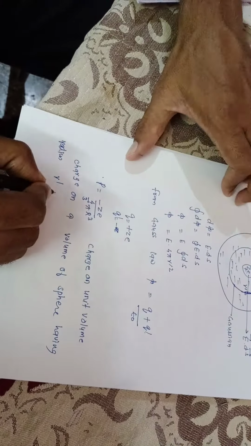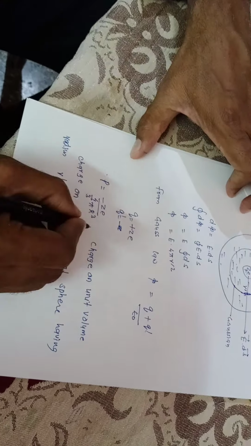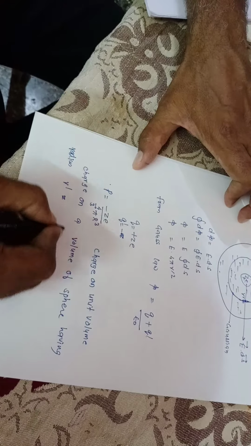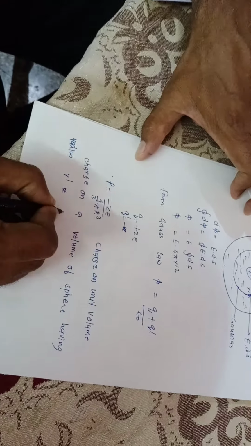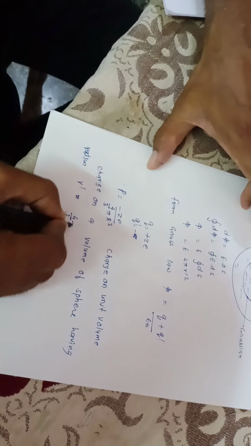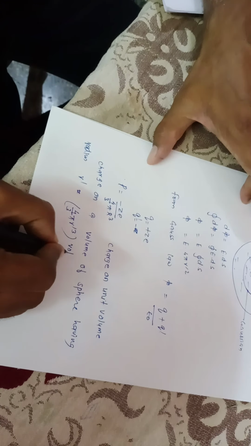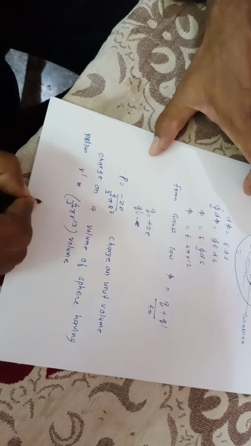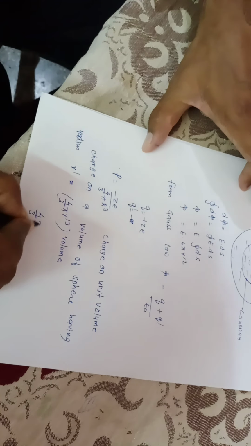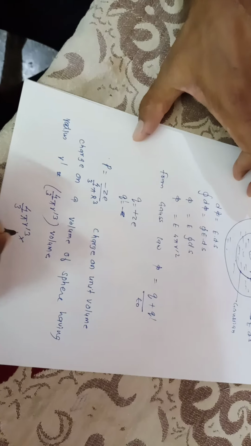This is the charge on unit volume. So its volume is 4 by 3 pi r dash cube. So this is the volume. Now on this volume, how much charge? So 4 by 3 pi r dash cube into rho.